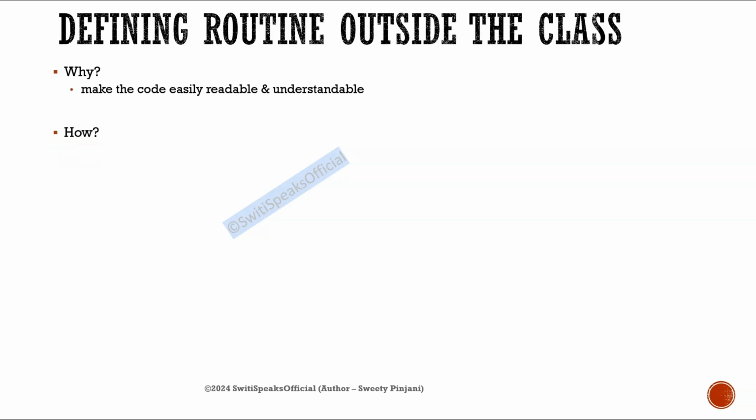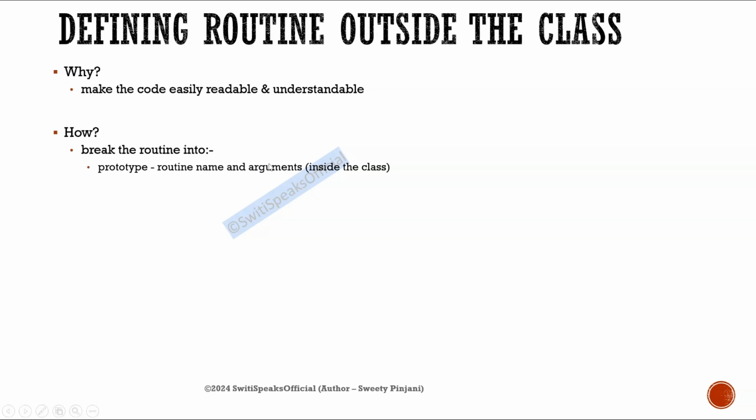How can we do this? How can I define a routine outside the class? For this, we will break the entire routine into two things. First will be your prototype. The prototype will consist of your routine name, whatever task or function you have, you need to give it some name, and the arguments, the number of arguments and the type of arguments.